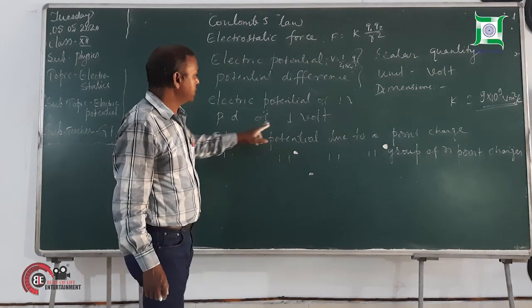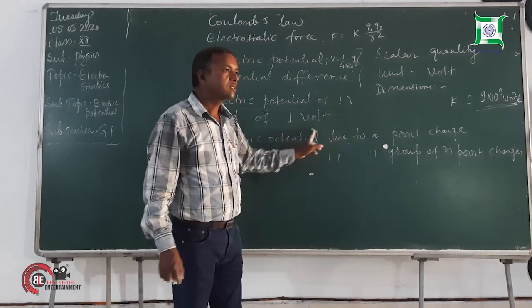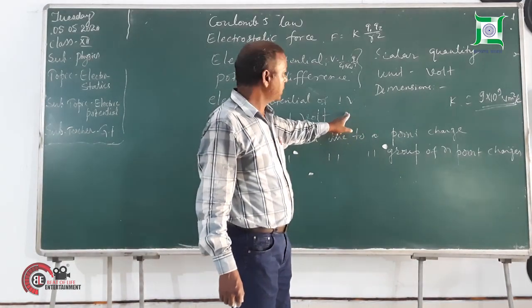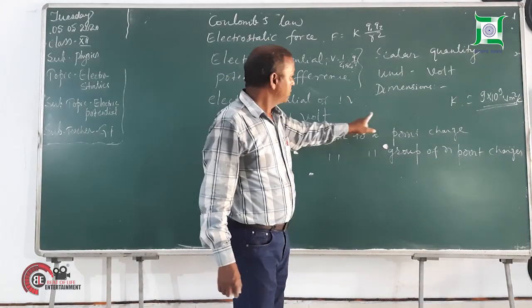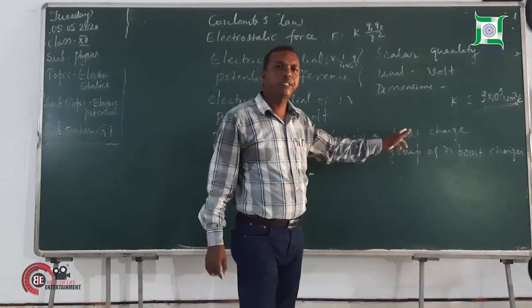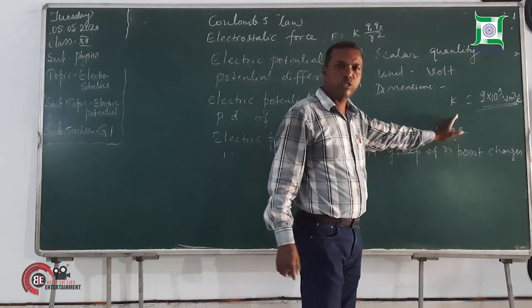Similarly, potential difference of 1 volt is when 1 joule of work is done in moving a positive charge of 1 coulomb from one point to another against electrostatic forces.